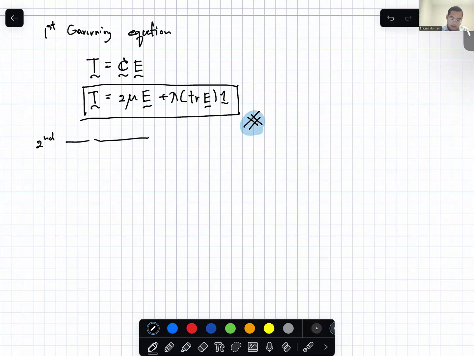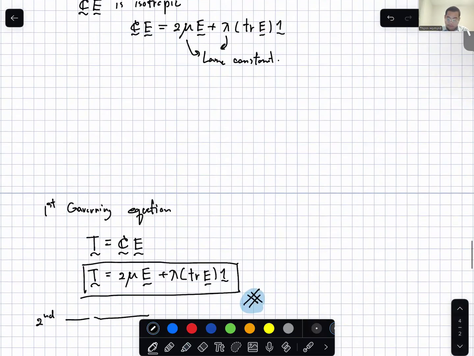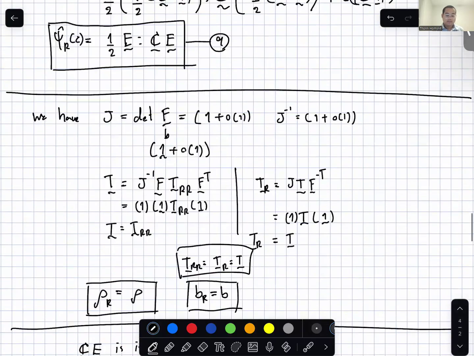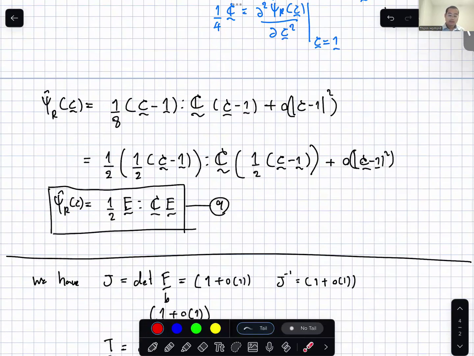And the second one is from equation number 9. The first one comes from the estimation of the stress, and the second one comes from the estimation of the free energy.